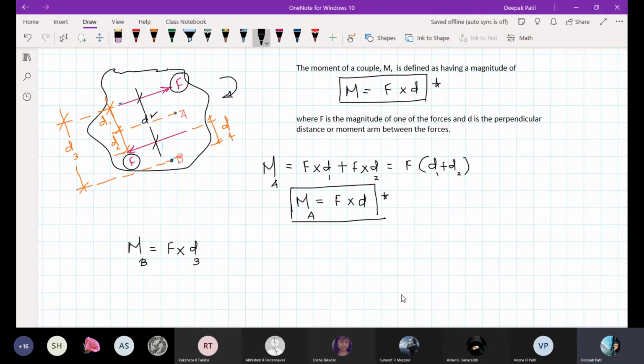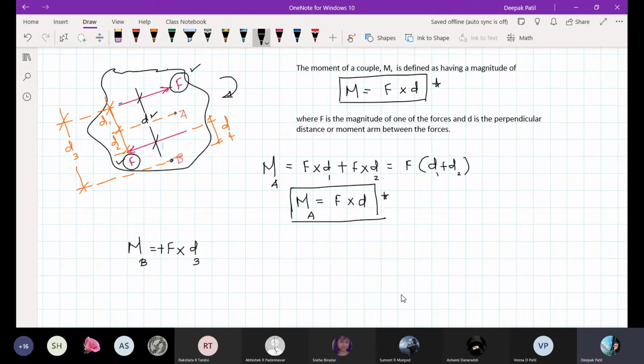So I'm trying to find the net moment at point B because of these two forces. So I'm writing moment at B is equal to. First, what is the moment of this force at point B? Is it causing clockwise or anti-clockwise movement, students? It is causing clockwise movement, so I should write it as plus. Then what about this force at point B, clockwise or anti-clockwise?